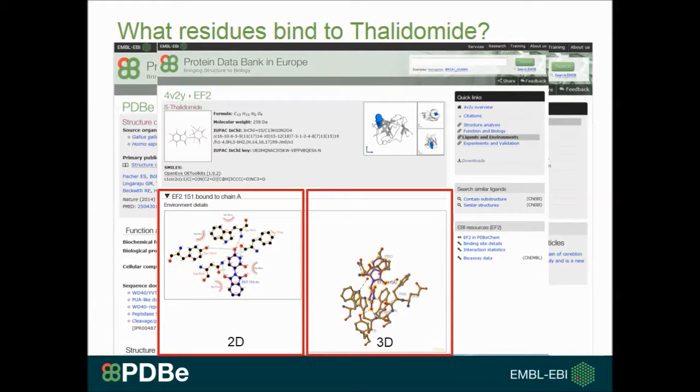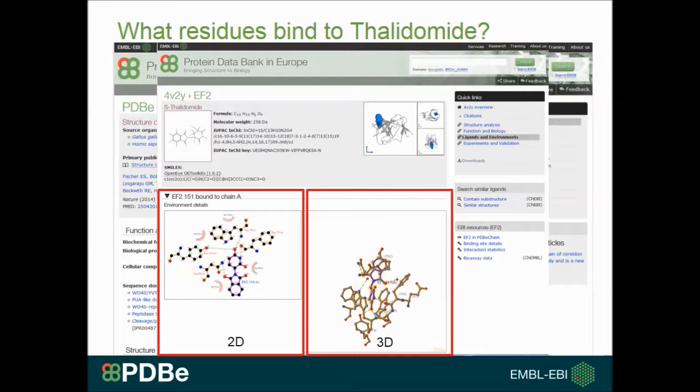And then up at the top here in the lightbox we have the drug bound within the assembly, so we can see at a glance where it is within the assembly.